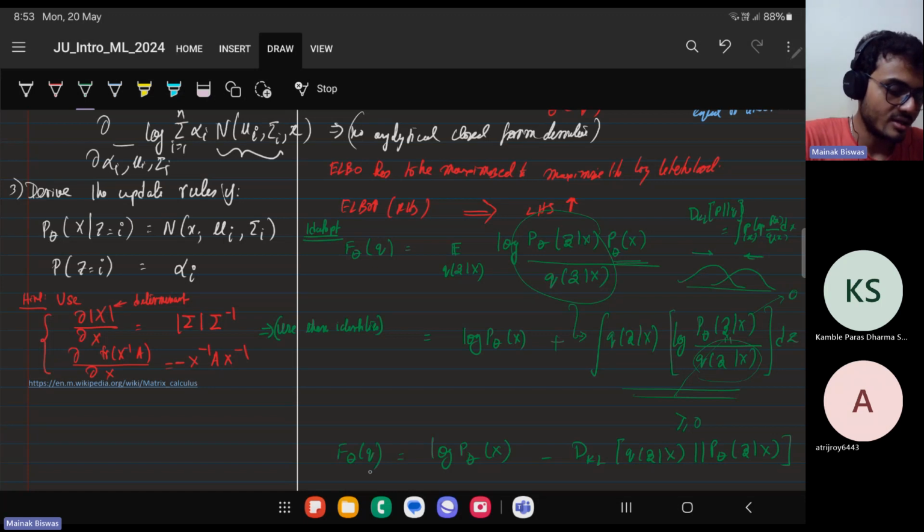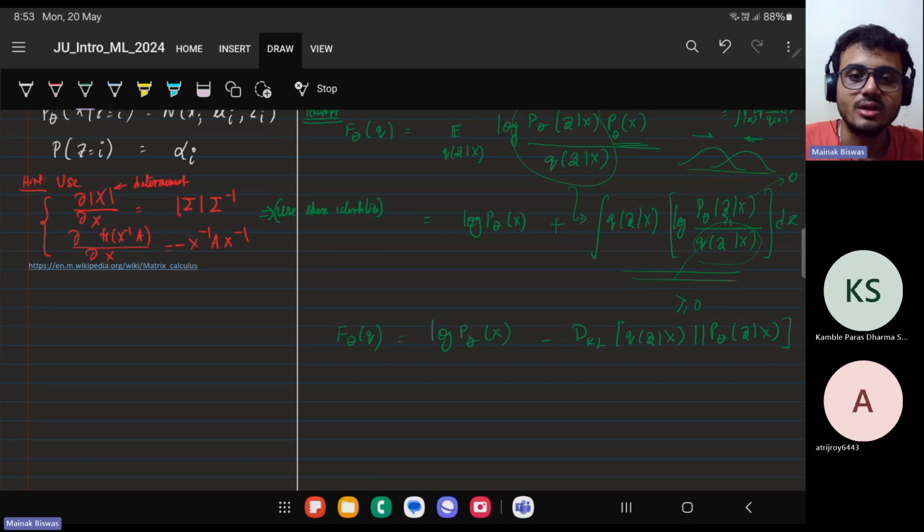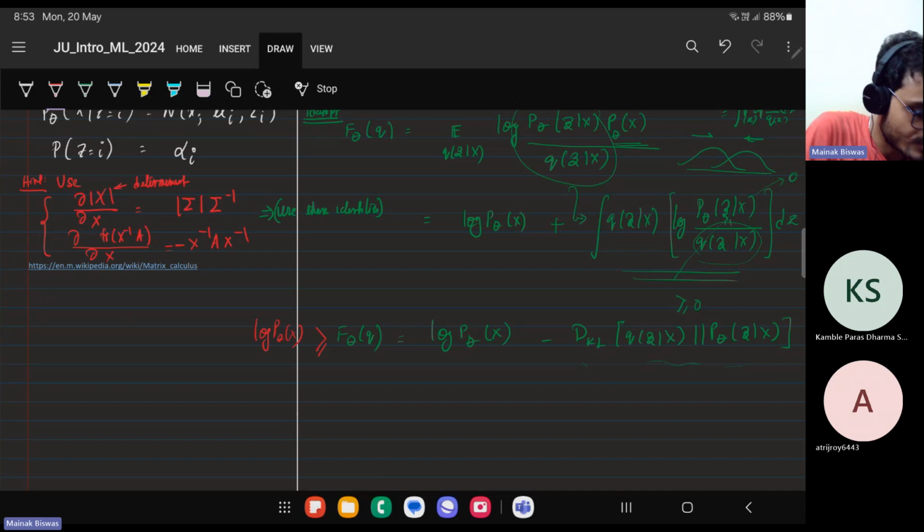Now you tell me something. From this itself, you'll be able to tell me one thing. That is why this also helps you prove that the KL divergence is greater than 0. See, do you agree this has to be greater than or equal to, from the very definition, log p theta of x?